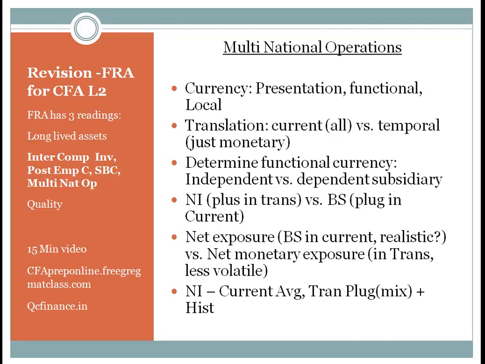So not just do we use things which are historical like COGS, but SG&A we use as average, and the plug that comes to us again comes from the balance sheet, and it's a match of historical. So the whole idea is that the current method is bringing everything more at today's price, and the temporal method is bringing less of that in today's price.